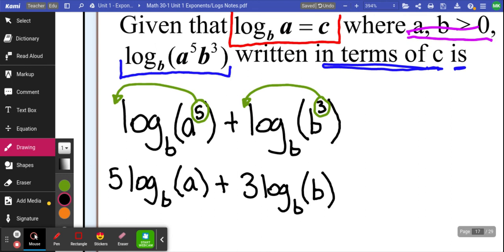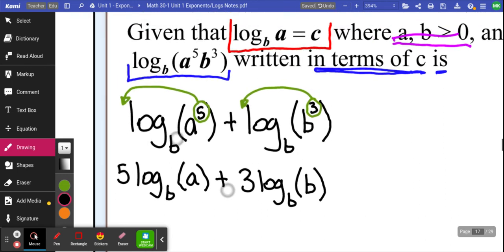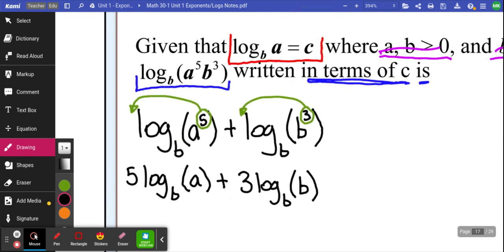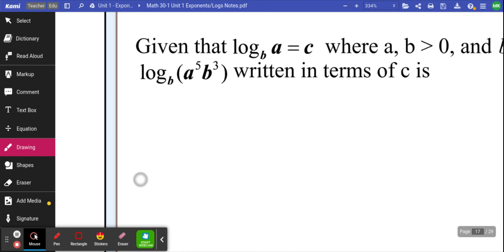And now I can change things to be in terms of c or change them to be numbers. Right? This guy right here, this log b of a.